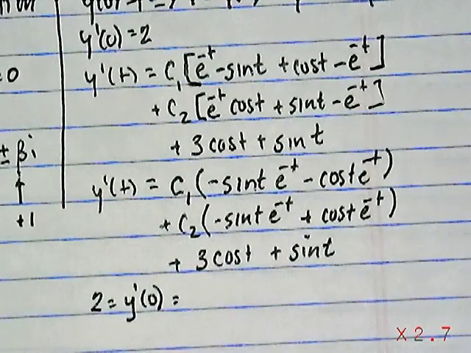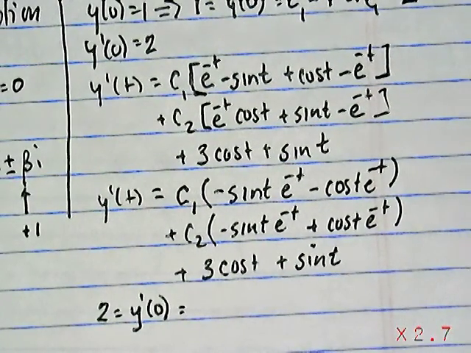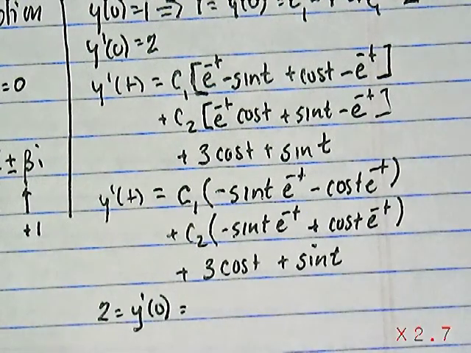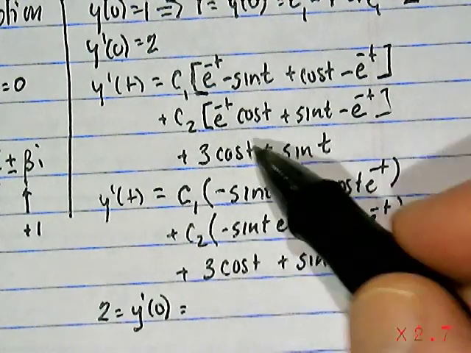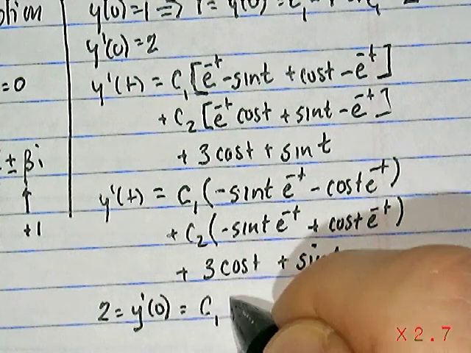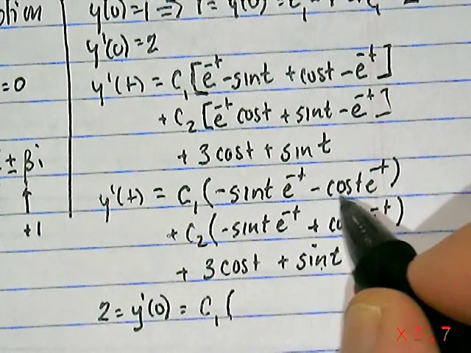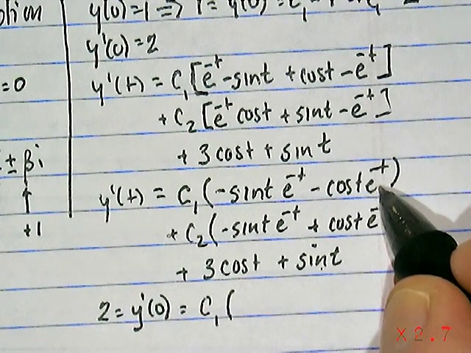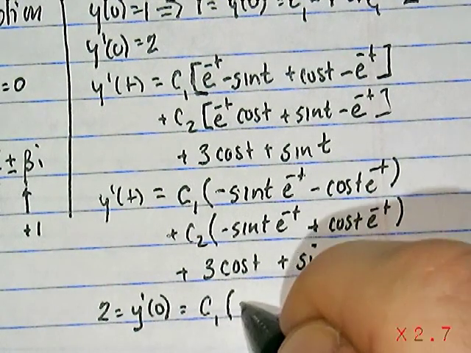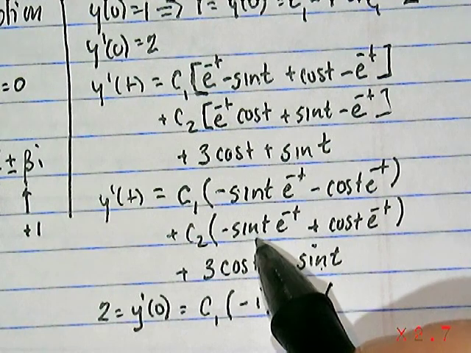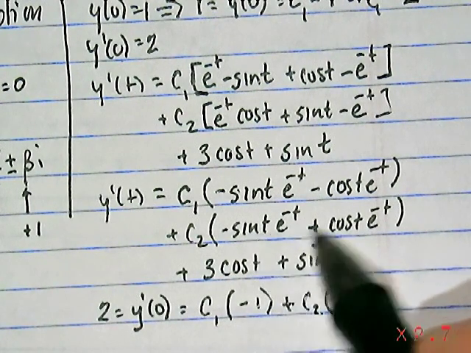So let's go ahead and plug in 0 and see what gets wiped out. Keep in mind that the sine terms will all wipe out completely. So this term will be gone, this term will be gone. So we're going to have c1 times, this will be cosine of 0 is 1, e to the negative 0 is 1. So we're going to have c1 times minus 1 plus c2 times, let's see, this term will be wiped out because sine of 0 is 0.